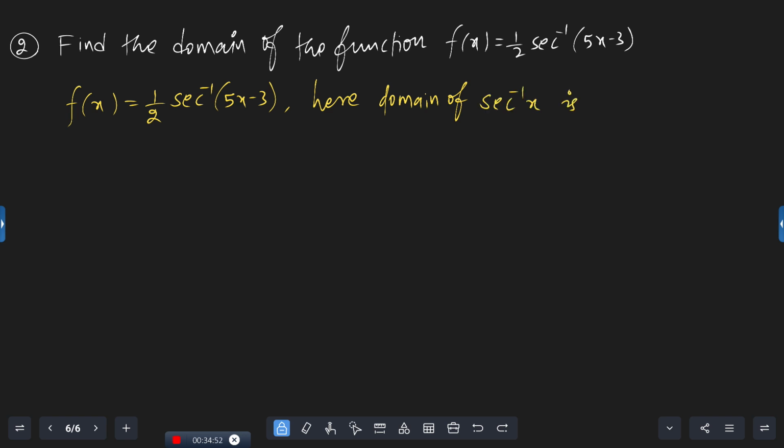It is R minus the open interval minus 1 comma 1. What is the meaning of this? In the real numbers, numbers between minus 1 and plus 1 should not come.